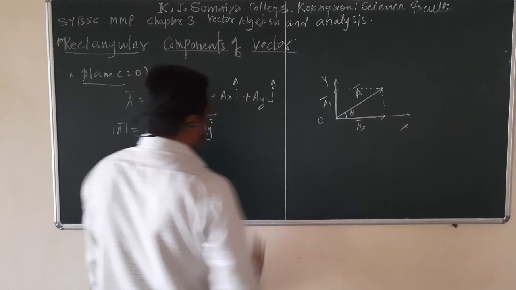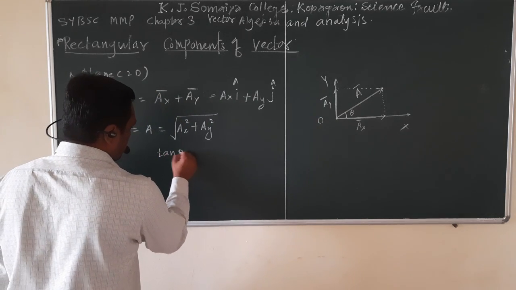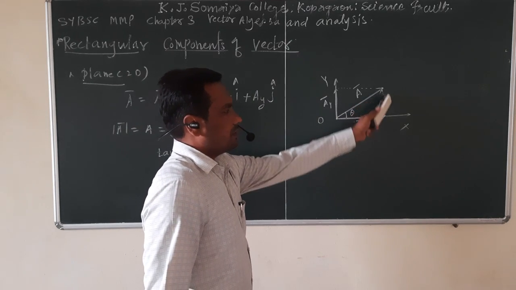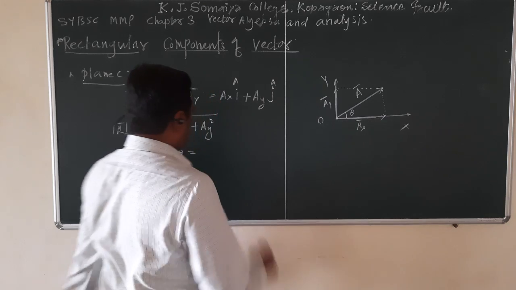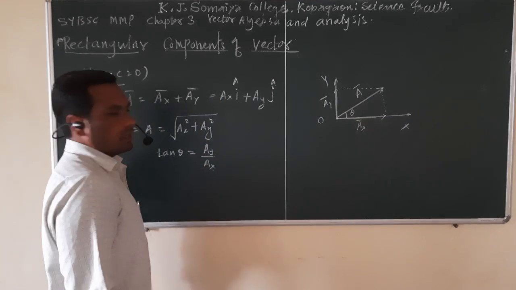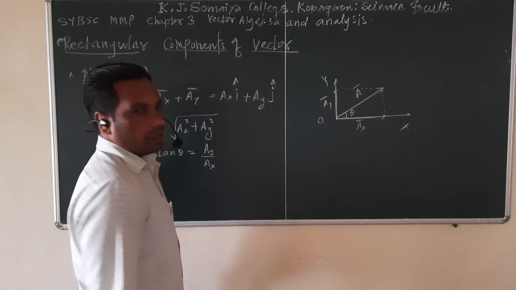This is the magnitude of this vector. For finding the inclination, if we take tan theta, this is the opposite side divided by the adjacent side, which means Ay upon Ax. In this way we can show any vector two-dimensionally.